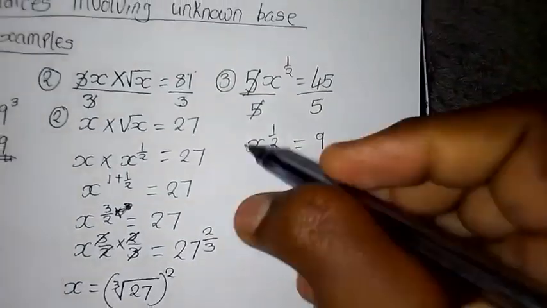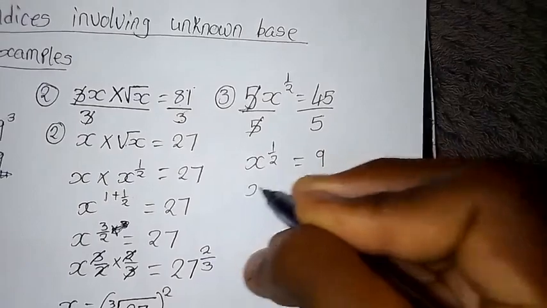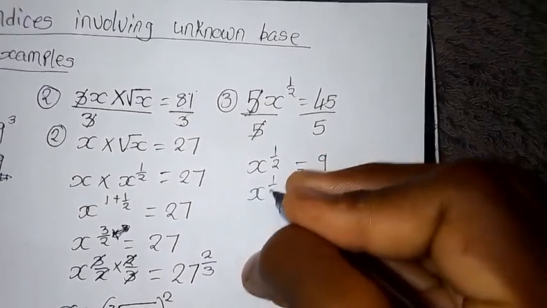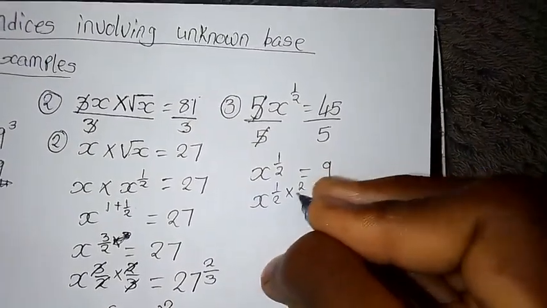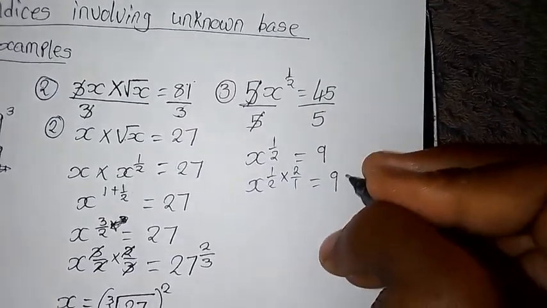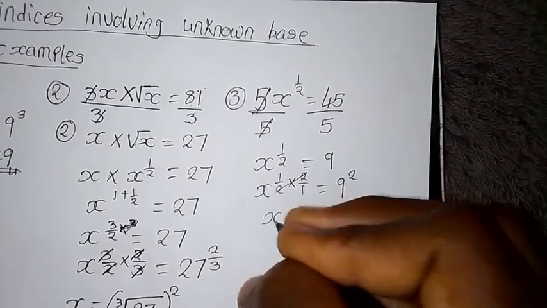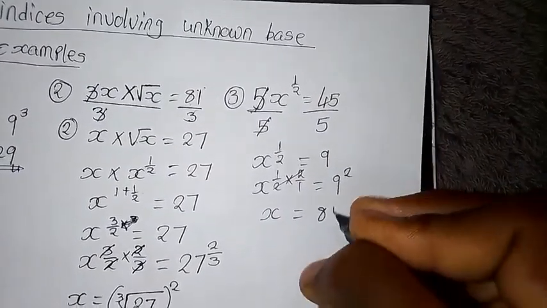For this one, we use the reciprocal, and it will be 1 over 2 multiplied by 2 over 1. You also do the same to the right side, which is power 2. So this will equal 1. x is equal to 81.